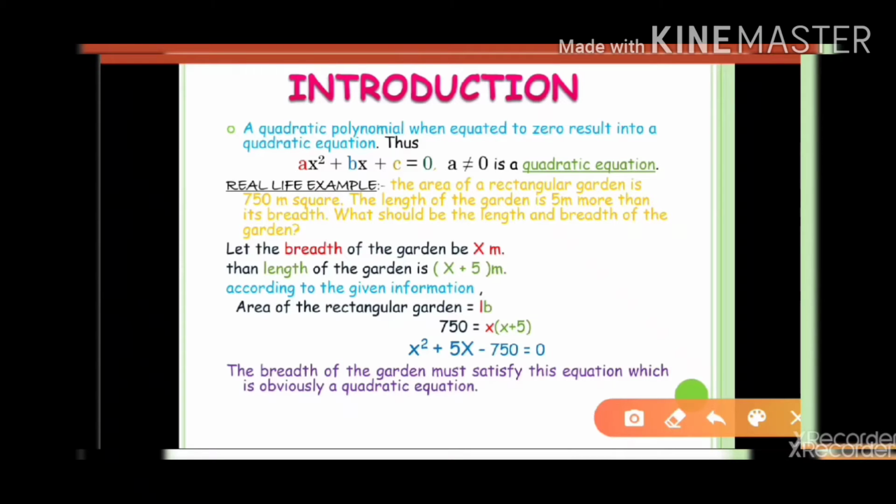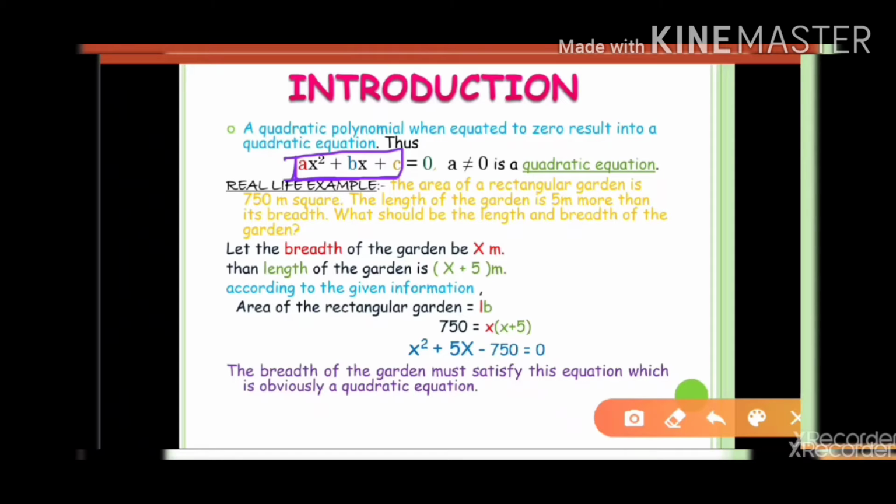Thus ax square plus bx plus c equal to 0, where a is not equal to 0, is a quadratic equation. ax square plus bx plus c is a quadratic polynomial.